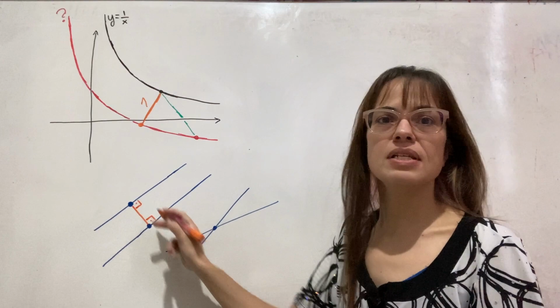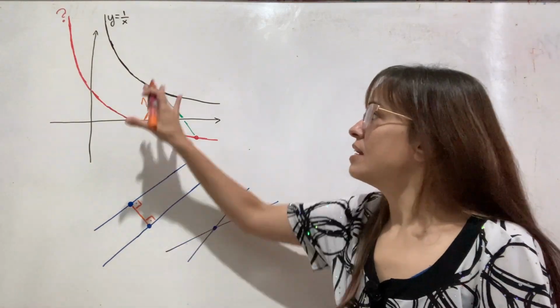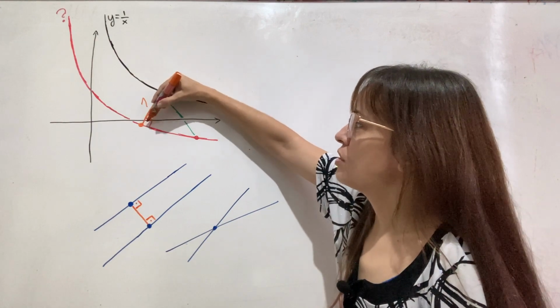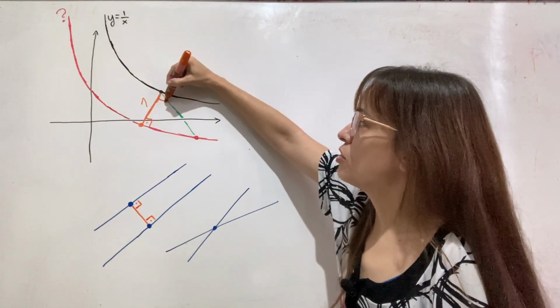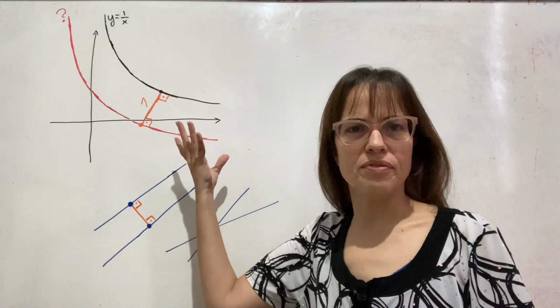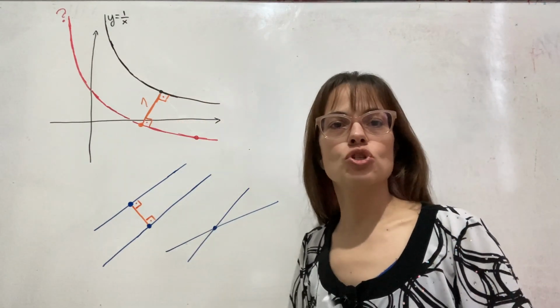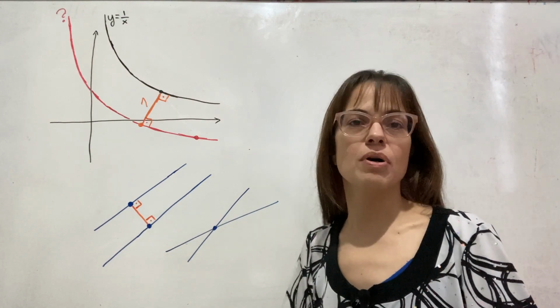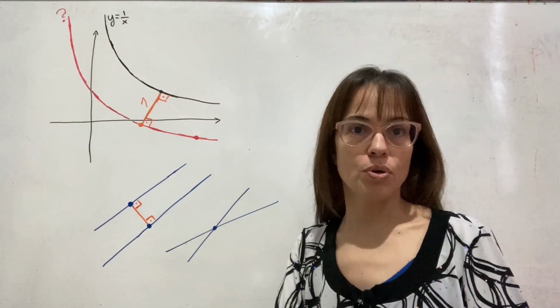So the perpendicular thing is exactly the same as we're going to do here. I need this thing to be perpendicular and that thing to be perpendicular as well. But the problem is that those are curves, they are not lines. So initially it doesn't make as much sense to talk about something being perpendicular to a curve.